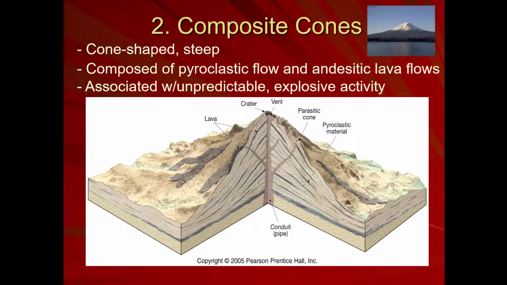And actually, if you are keeping track, there is a big eruption going on in the Philippines right now, and that is an example of a composite cone volcano also. So composite cone volcanoes are incredibly destructive. They are unpredictable, though not totally unpredictable. They can be predicted if they're continuously monitored, and geologists can note the frequency and the magnitude of earthquakes.